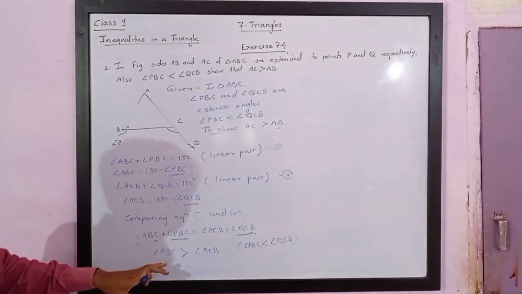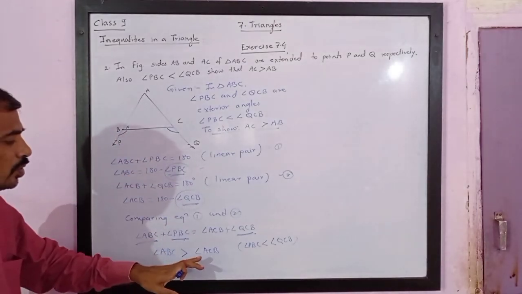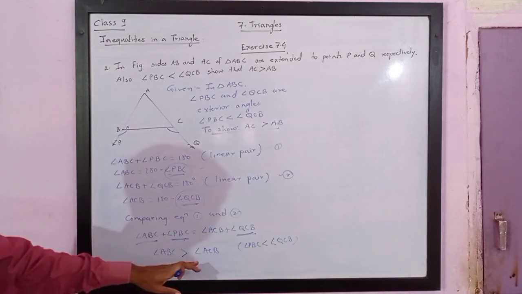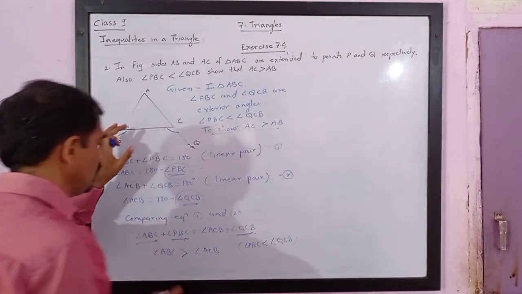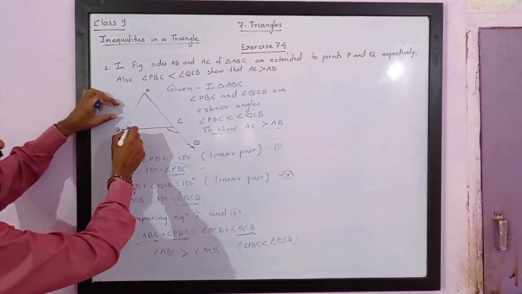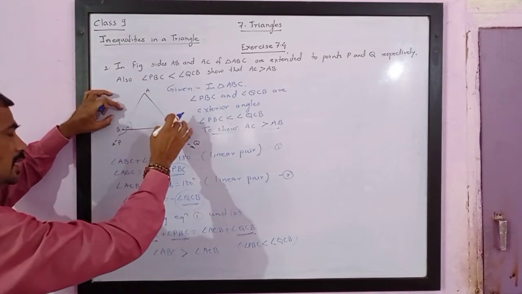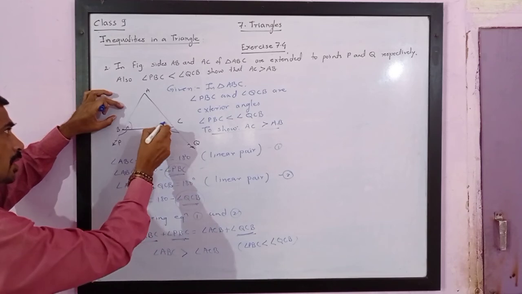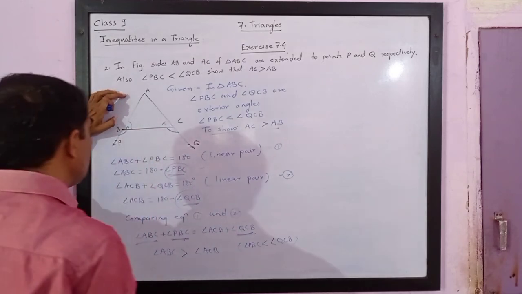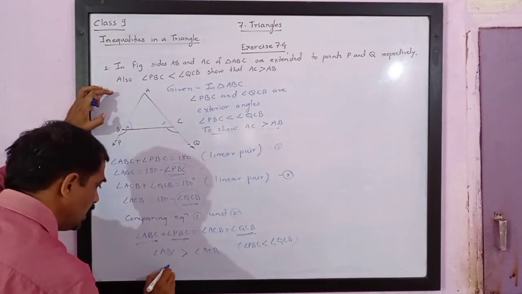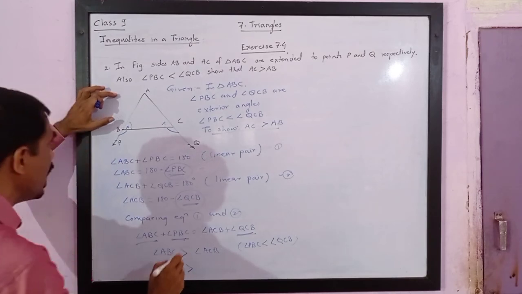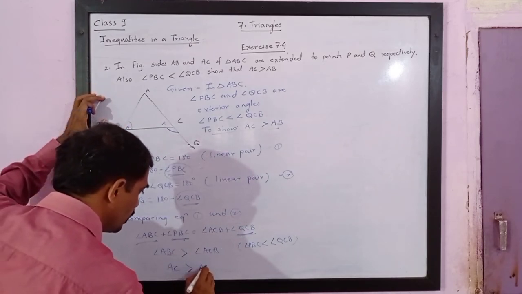Now it does mean the side opposite to the larger angle is larger. Therefore ABC is this angle and the side opposite to it is AC. Since angle ABC is bigger than angle ACB, AC is bigger than AB, the side opposite to angle ACB. So we will get AC is greater than AB.